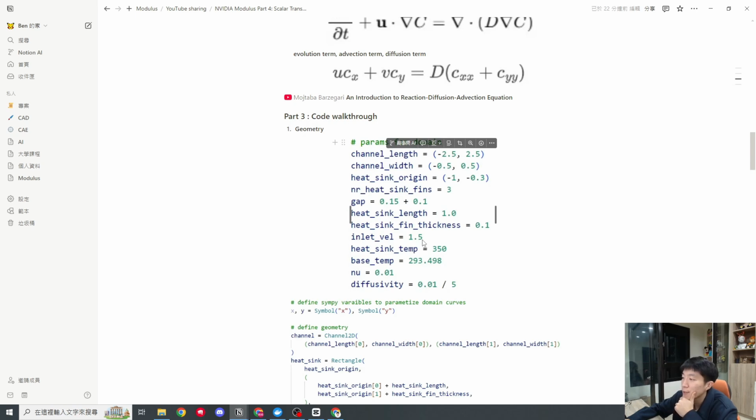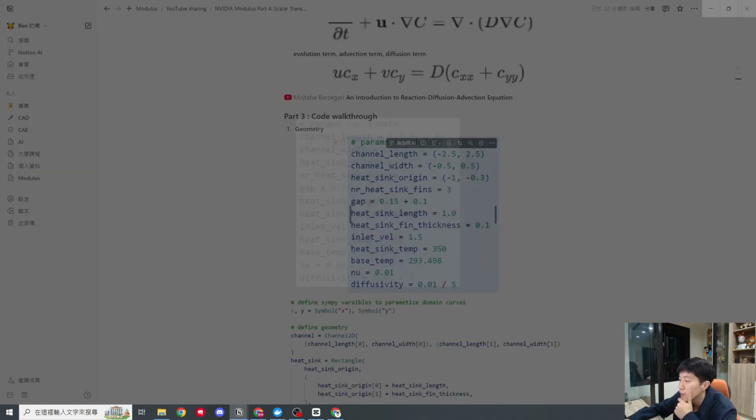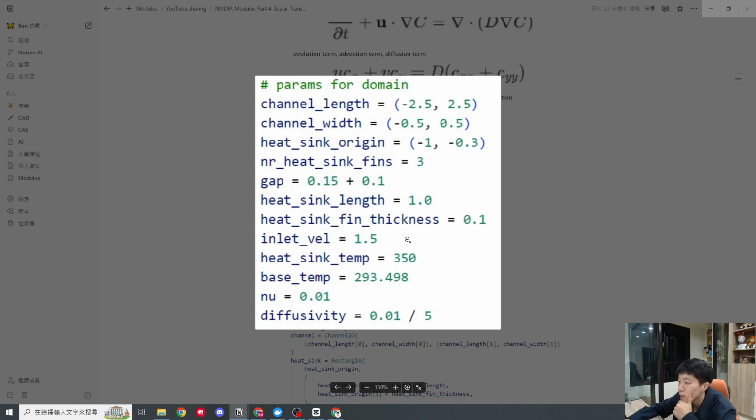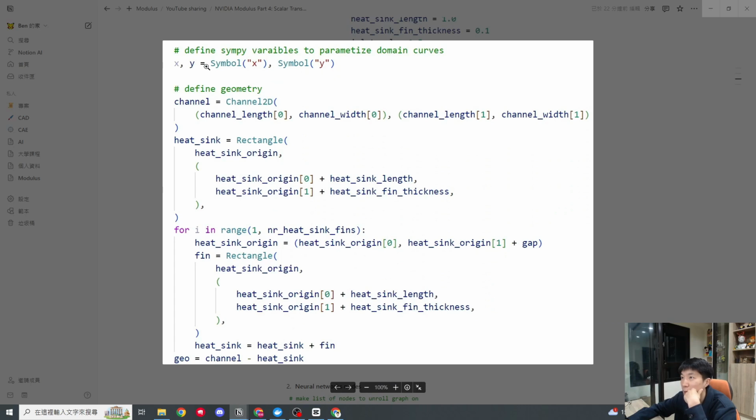In part 3, we will dive into the code workflow. First, we define the geometry, including the channel and 3 fins. Also, we set the heatsink and base temperature and specify key parameters such as kinematic viscosity nu and diffusivity. So this is the 2D problem.